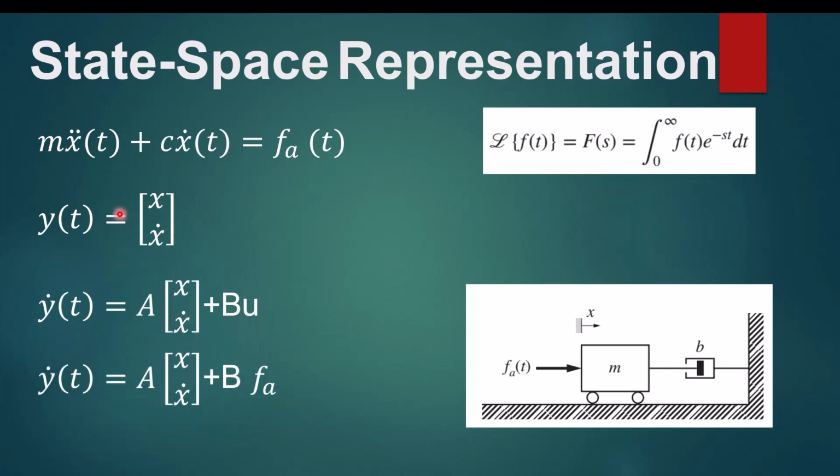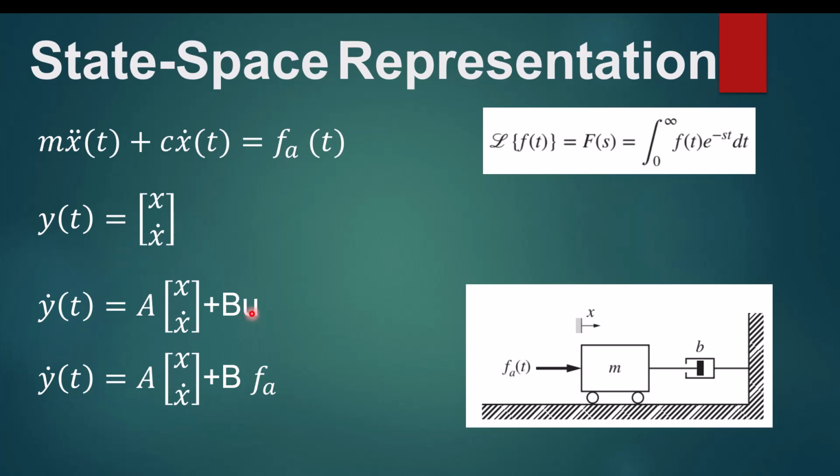So again, as in the ODE45 solution, I have to select 2 state variables, y1 and y2, since my differential equation is second order. And I take x and x dot to be my state variables. And what I have to do is define an equation y dot equal to A times my state variables plus B times u. And u is going to be the input of my problem.